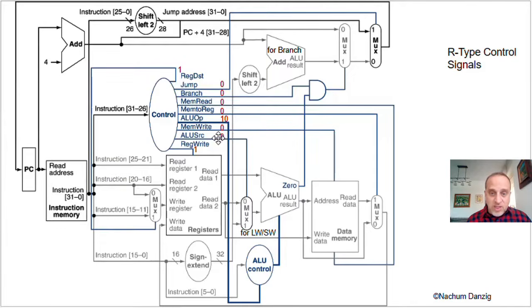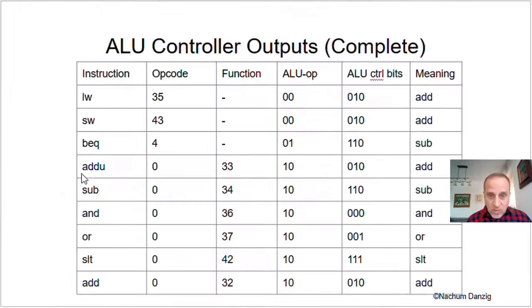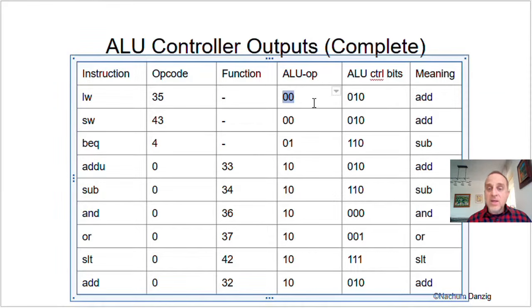If it had been a 00 on this line instead of a 10, then the ALU controller also would have put out a 010. And you can see that right here. For example, if it's load word, the function code is irrelevant, but it's a 00 coming in, not a 10, and it's also going to put out a 010. 010 means do add.